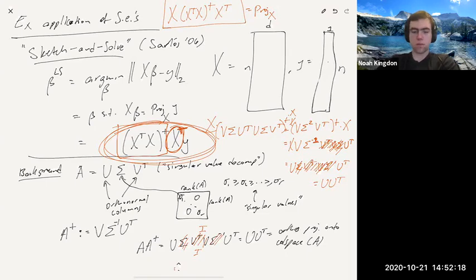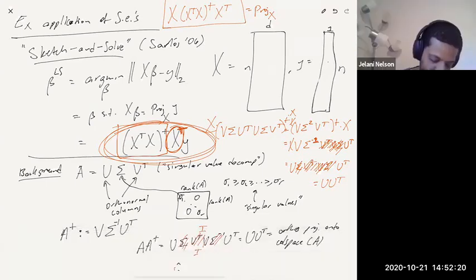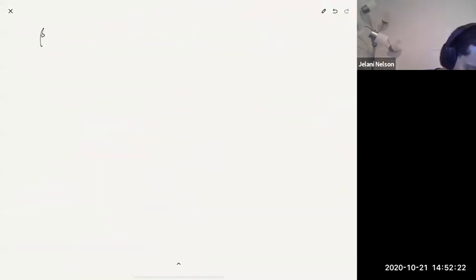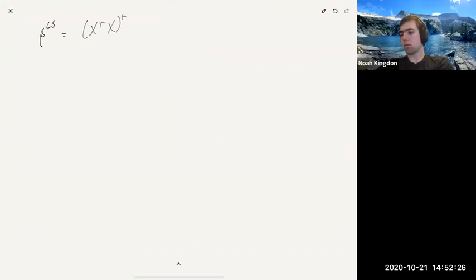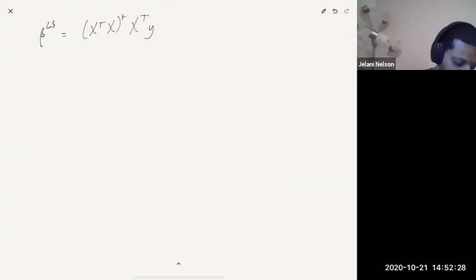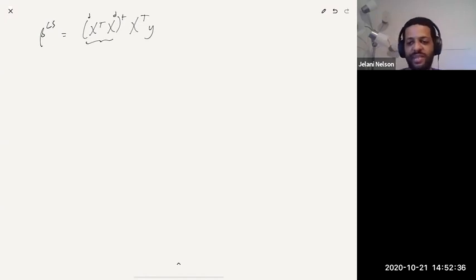Okay. So now let me say finally something about subspace embeddings. So we said that beta ls is equal to X transpose X pseudo inverse X transpose Y. Now, naively with for loops, what is X transpose X? This is a d by d matrix, right? Because X is n by d, X transpose X is d by d. So it has d squared entries.